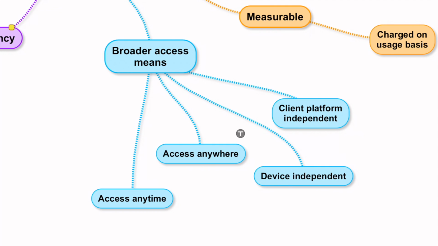So the idea is that the cloud service would be accessible from anywhere. You need not be in the corporate network to access the cloud service. You could be on the move, you could be in the market, you could be in the store, you could be at the airport. The cloud service would work as is on your device as it would in the corporate network.